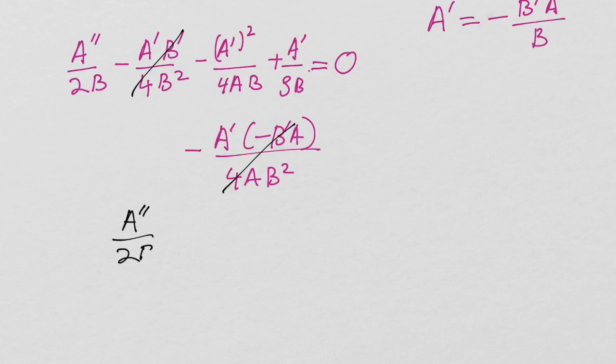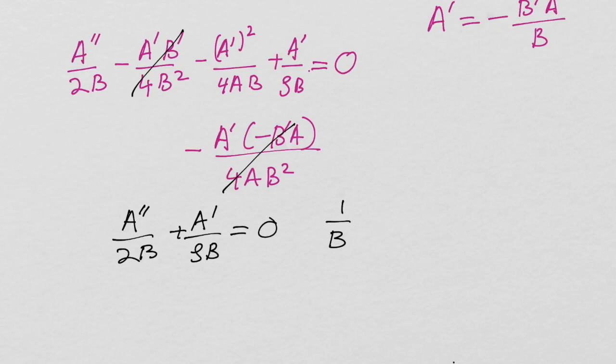It's a prime prime over 2b plus a prime over rho b equals 0. Phew. Now, we can simplify this. We can pull out this b, so that's 1 over b.